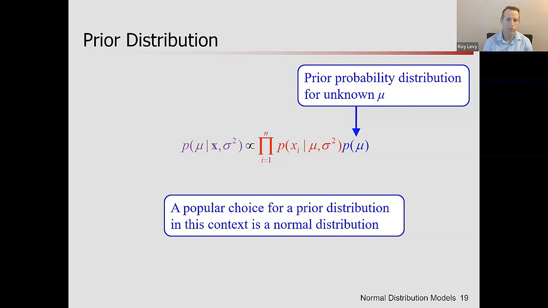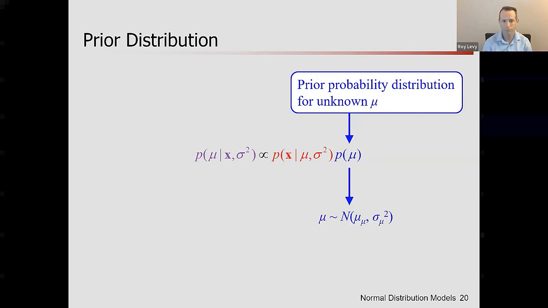In this context, where the data are treated as being normally distributed, a popular choice for the prior for the unknown mean mu is also a normal distribution. So that prior distribution for mu is a normal distribution which has its own mean and its own variance.